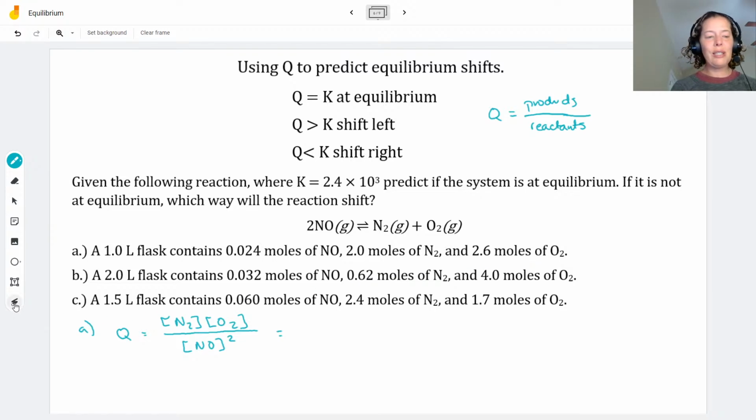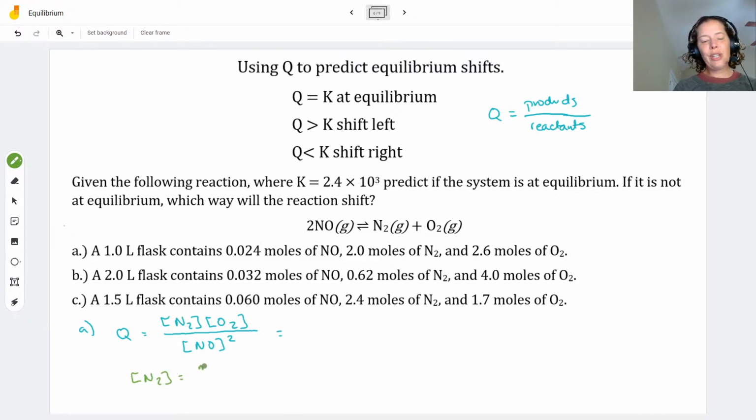Now, you'll notice this problem's a little tricky because it gives you moles, but it doesn't give you concentration, which is moles per liter. Now this one, the first part A, is easy because it's in a 1 liter flask. So I'll just do one sample calculation. Let's say I'm trying to calculate my concentration of nitrogen.